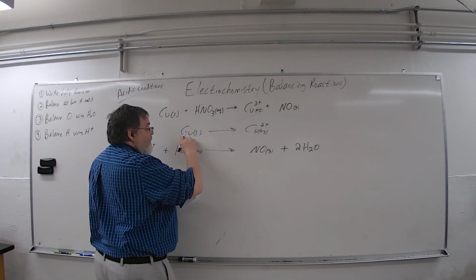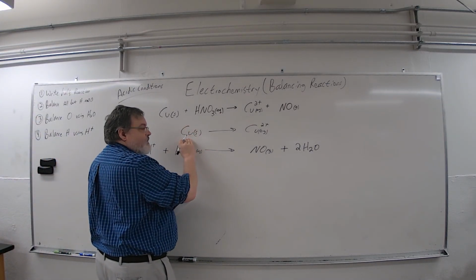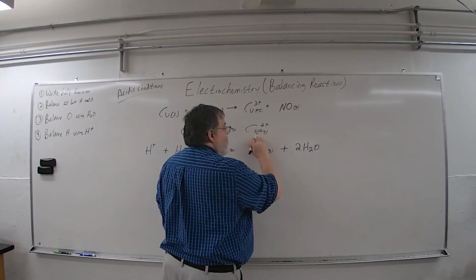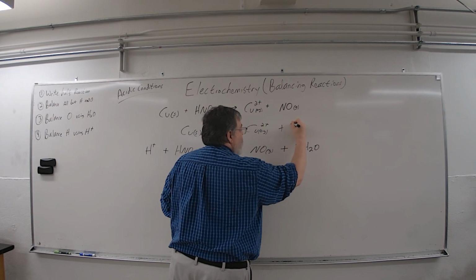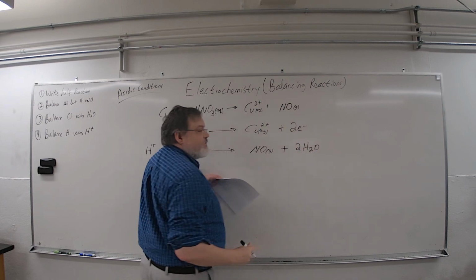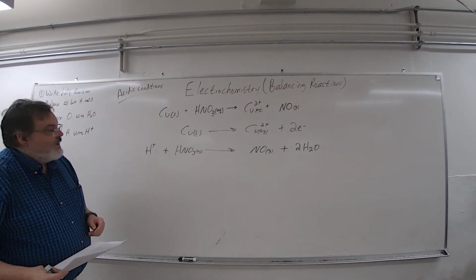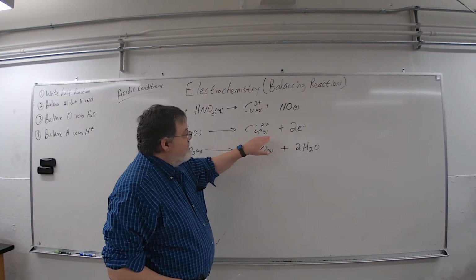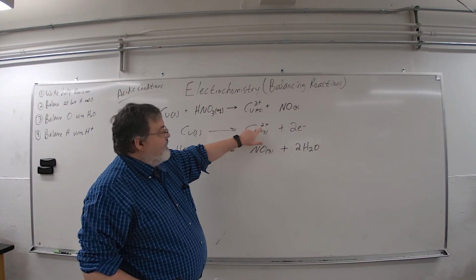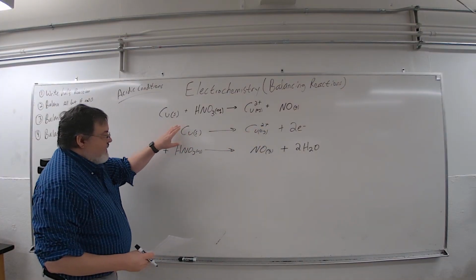This is copper with enough electrons to make it neutral. This is copper missing a couple of electrons. So I have to put 2 electrons there. We're kind of balancing for charges. So 2 negative charges plus a 2 plus gives us 0.